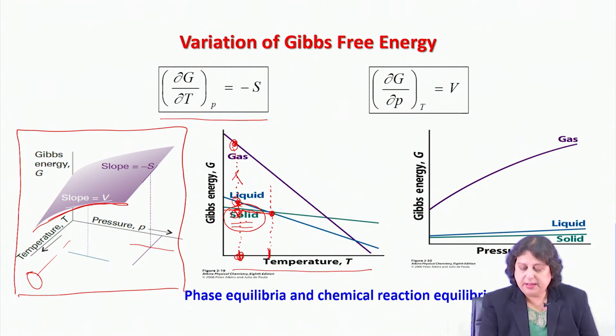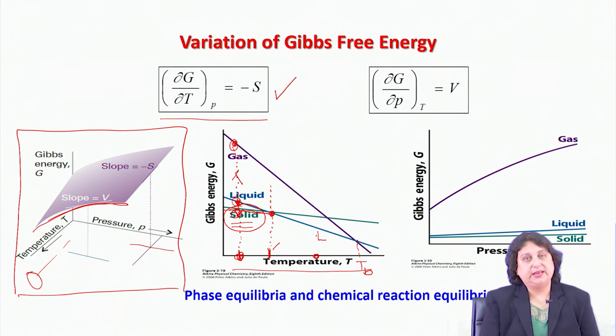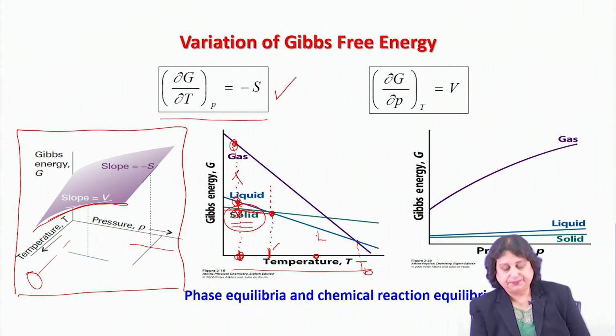Now, if I am at a temperature between the melting temperature and the boiling temperature over here, then as you see, as a consequence of this relationship, you have the liquid phase having the lowest Gibbs free energy.